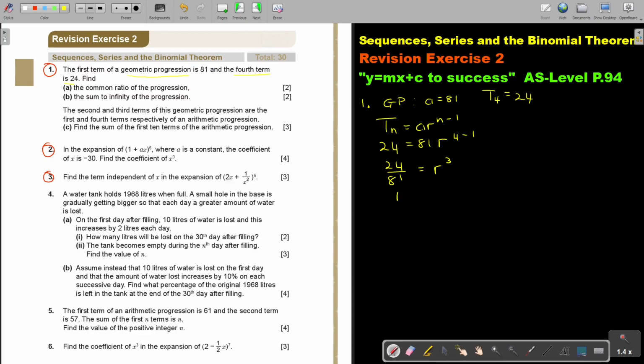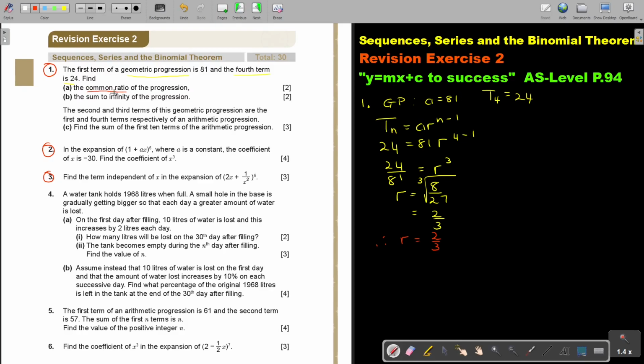You can press 24 ABC 81, and it will simplify on your calculator, or divide by the same number top and bottom. But you will get 8 over 27. And to get that 3 away, you take the cube root. And that will give you 2 over 3. So you can say, therefore, r is equal to 2 over 3.